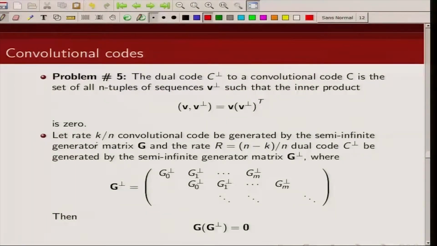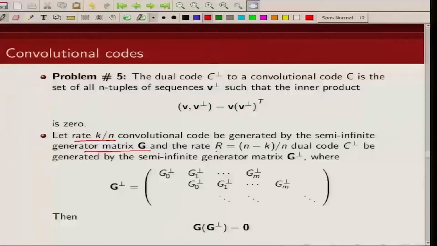So let us define a rate k by n convolutional code which is generated by a generator matrix G, and you know that we can write the generator matrix of a convolutional code in a semi-infinite fashion.